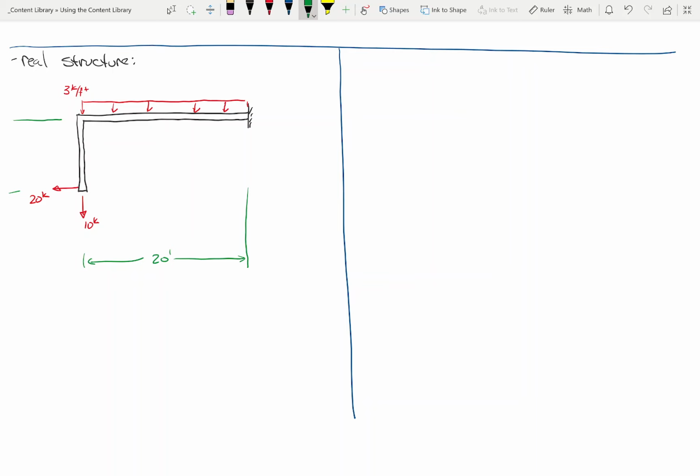That's 20, that's 10. And then that's A, B, and C.